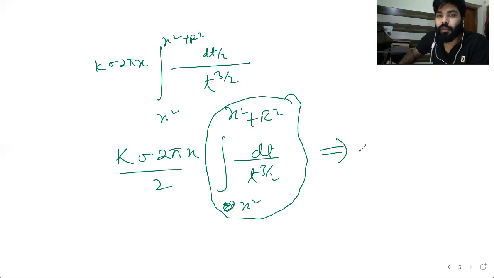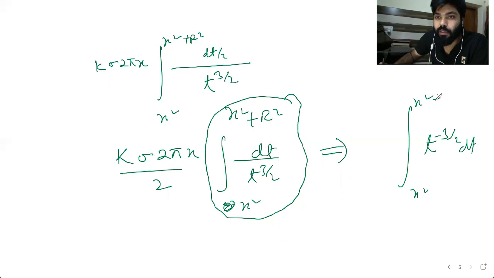This expression can be integrated as t raised to the power minus 3 by 2 dt, from X square to X square plus R square. I am just integrating this expression: the power is increased by 1.